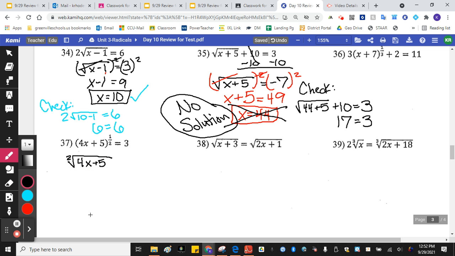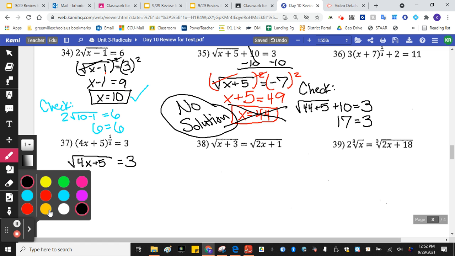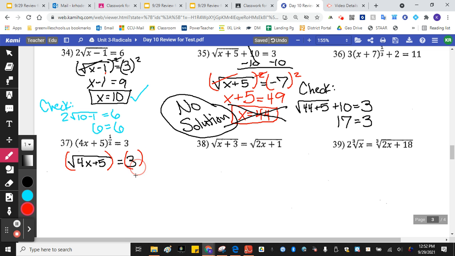And everything's being raised to the first power. The square root's already by itself, so raise both sides to the square, because square root and square cancel.